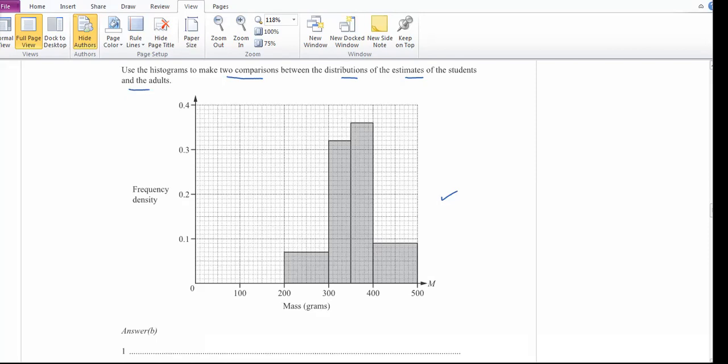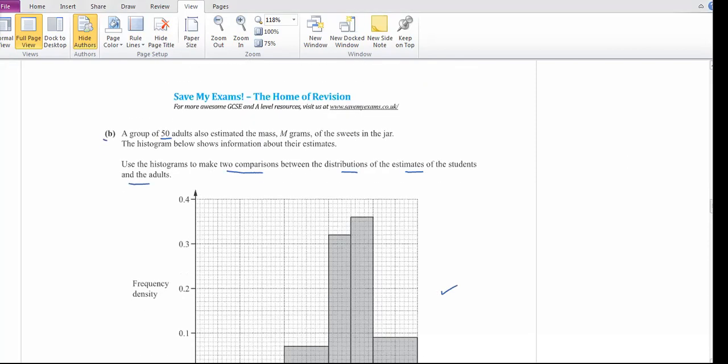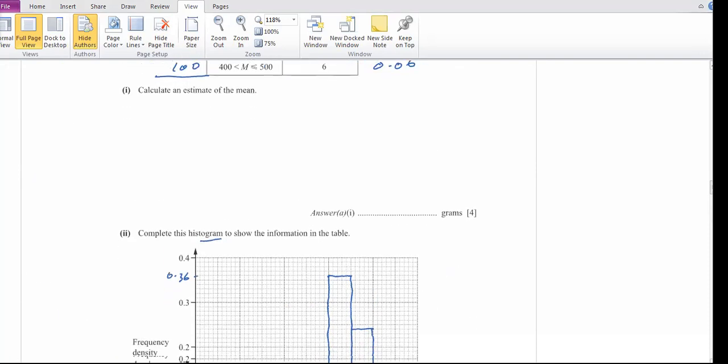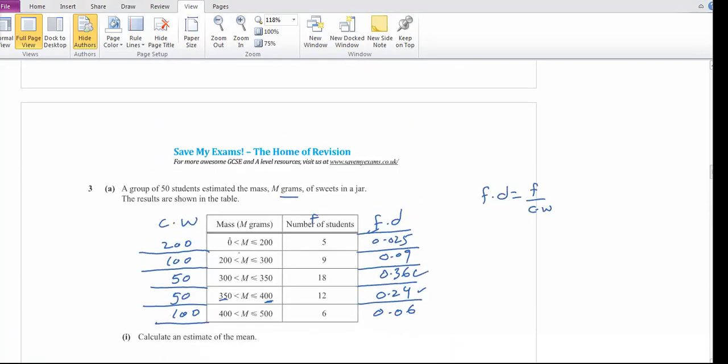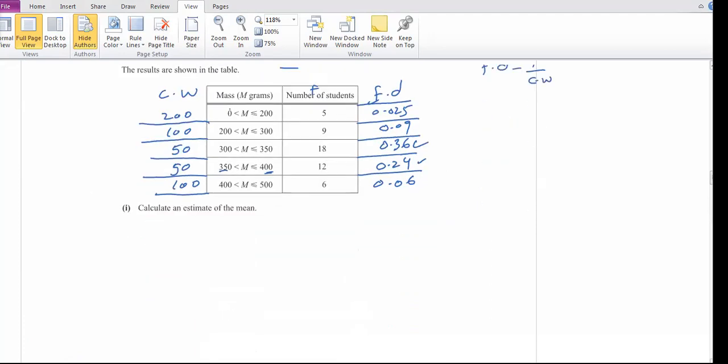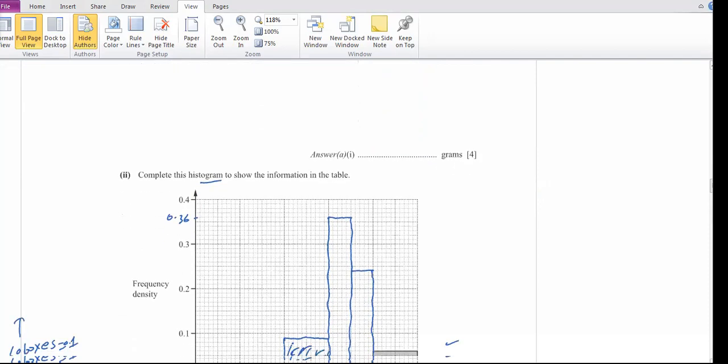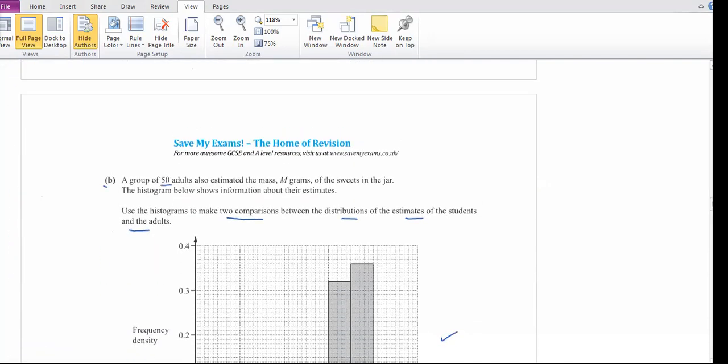This is the table made by the students, and this is the table made by the adults.